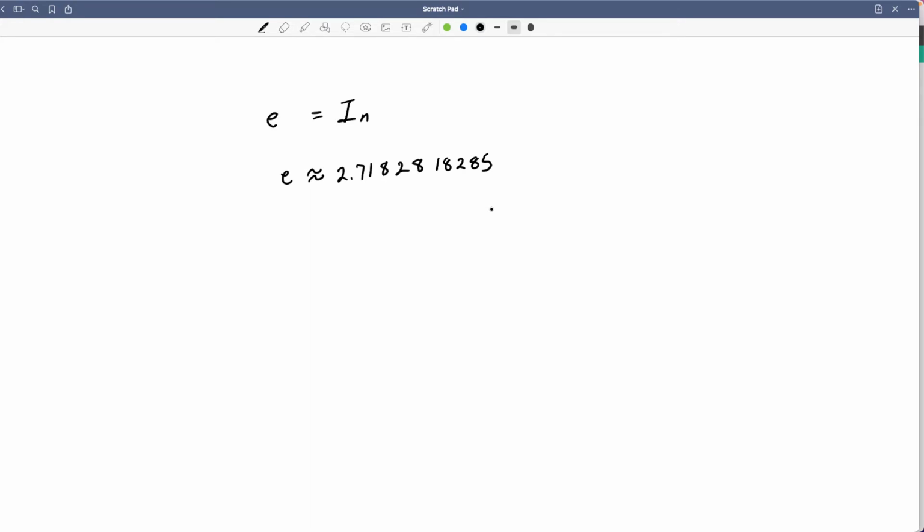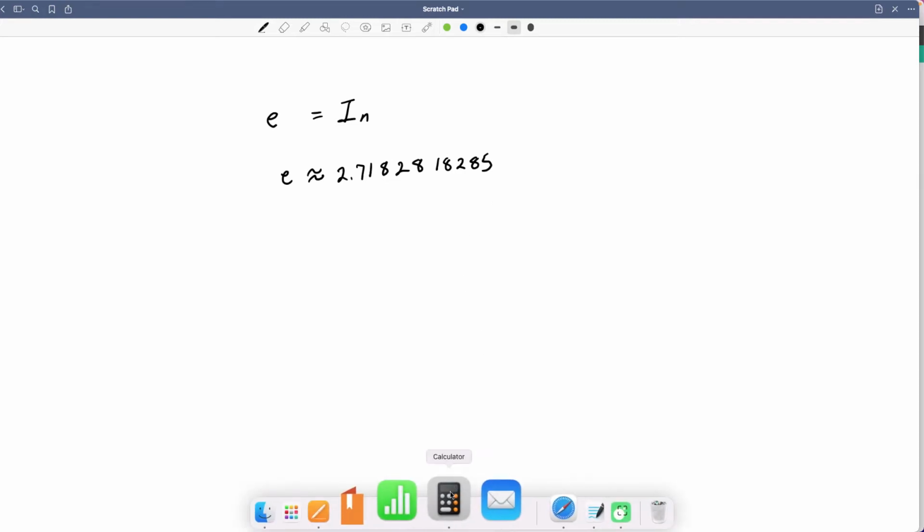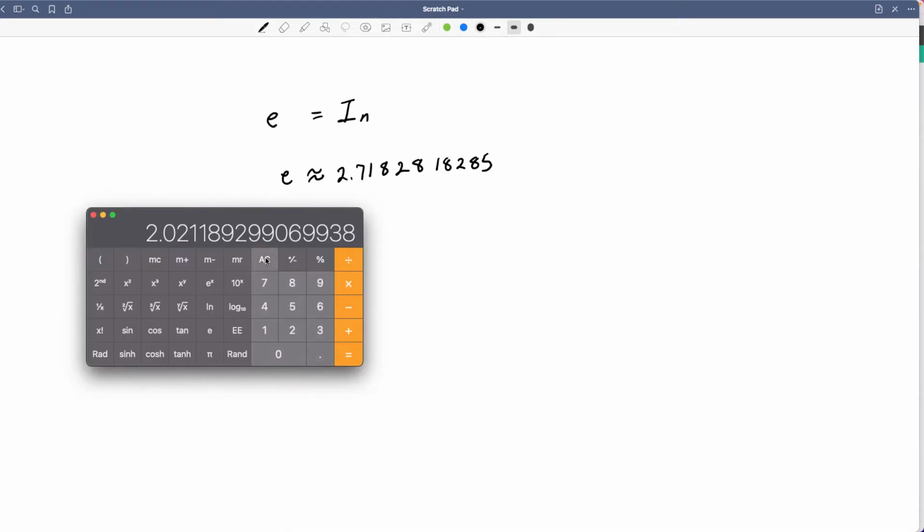To find the base e logarithm, this is what we do. We type in 105 and we press the ln key, sorry, and we get 4.653960350, and we stop at the second zero here. 1, 2, 3, 4, 5, 6, 7, 8, just the 8th decimal place here.